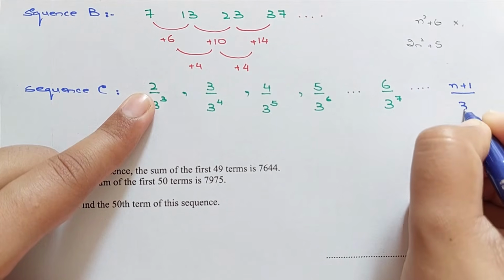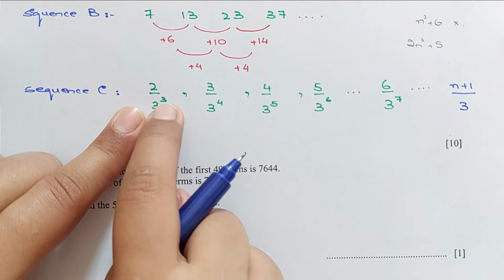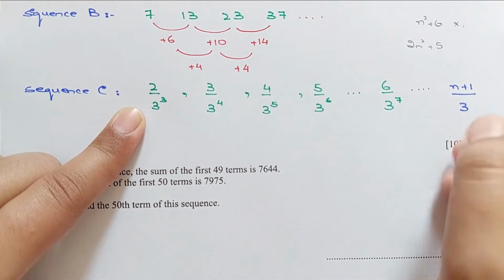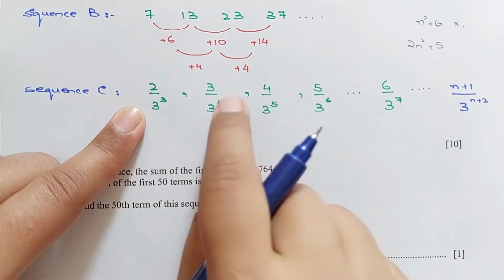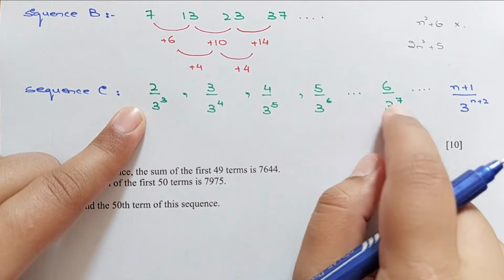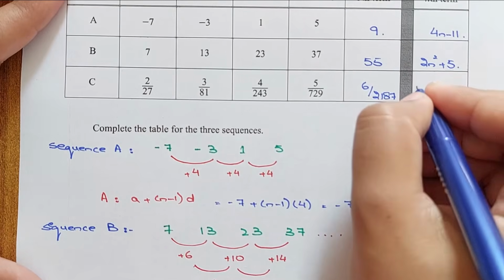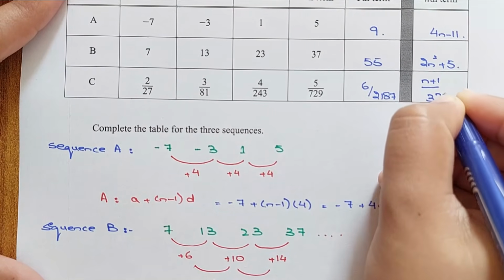The denominator is 3 power something. When n is 1, the power is 3, so it is n plus 2: 1 plus 2, 2 plus 2, 3 plus 2, and so on. So the nth term is n plus 1 over 3 to the power of n plus 2.